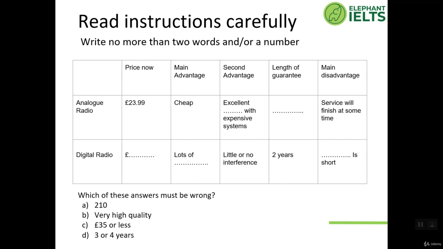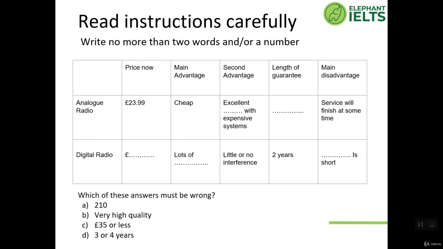The next question is under the column second advantage of the analog radio, and it says excellent something. So I know I'm listening for a noun, since excellent is an adjective or a describing word. So I know I need a noun or a thing that is excellent. Something about the analog radio, of course.